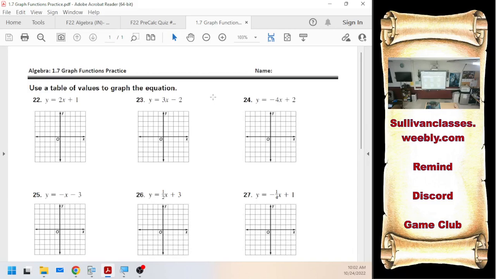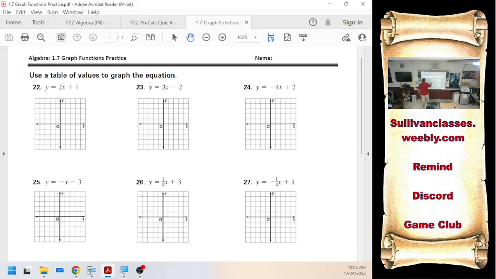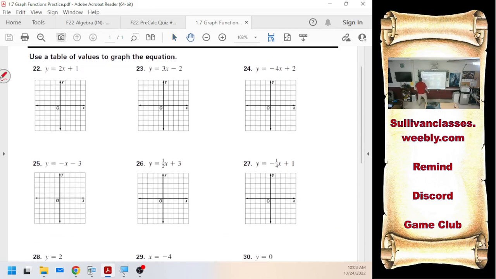So next to every single one of these, you should have a table. And your graph should look something like this. Maybe a little off-road if you were feeling adventurous.